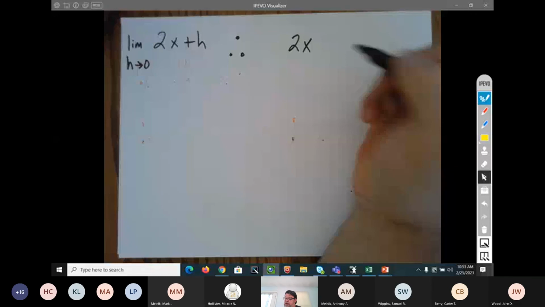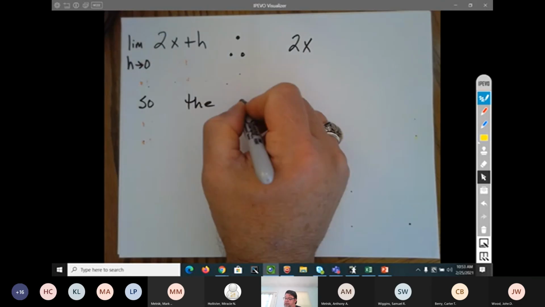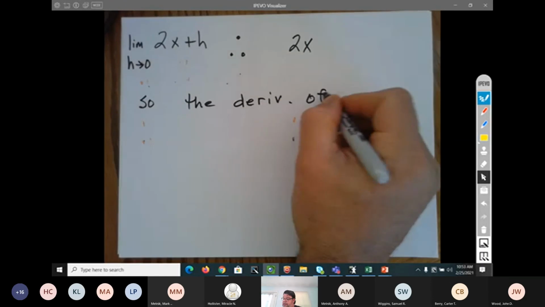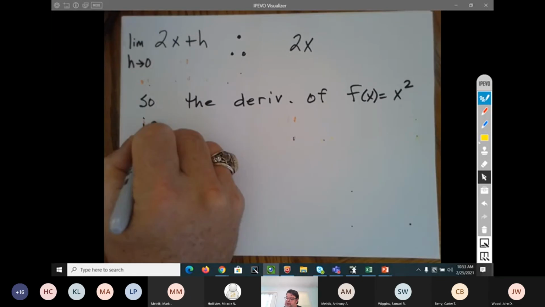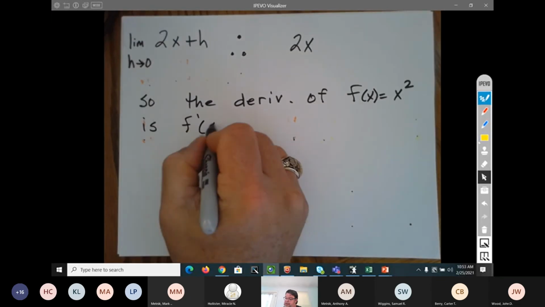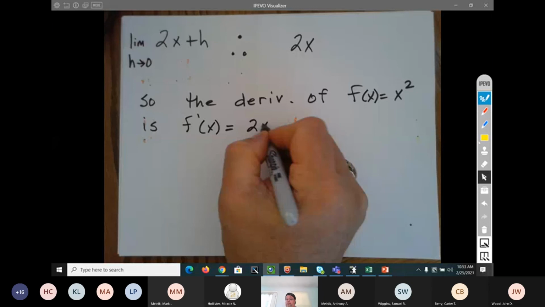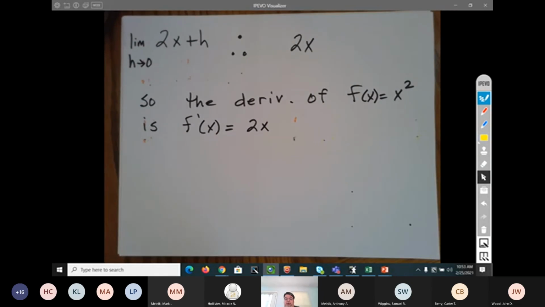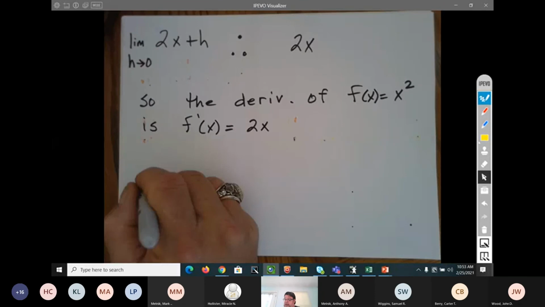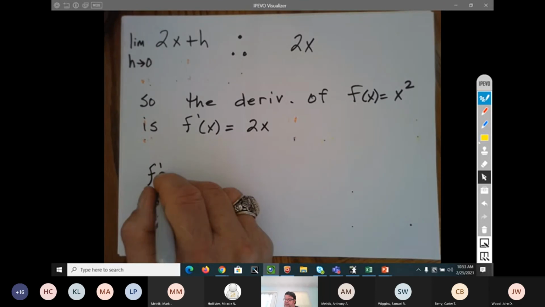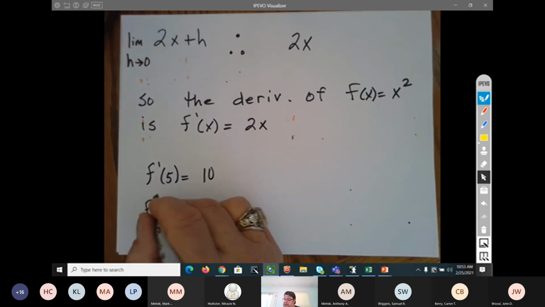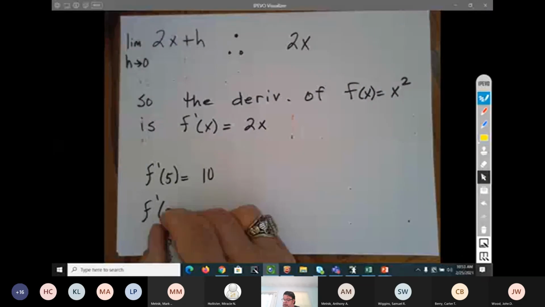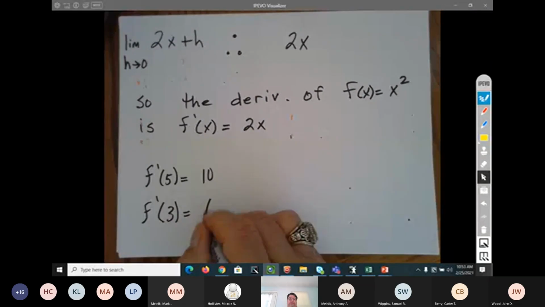So the derivative of f of x is equal to x squared is f prime of x is equal to 2x. And they want you to plug in 5 and 3. f prime of 5 is equal to 10. So that's the slope of the line at 5, and the slope of the line at x is equal to 3 is what? 6.